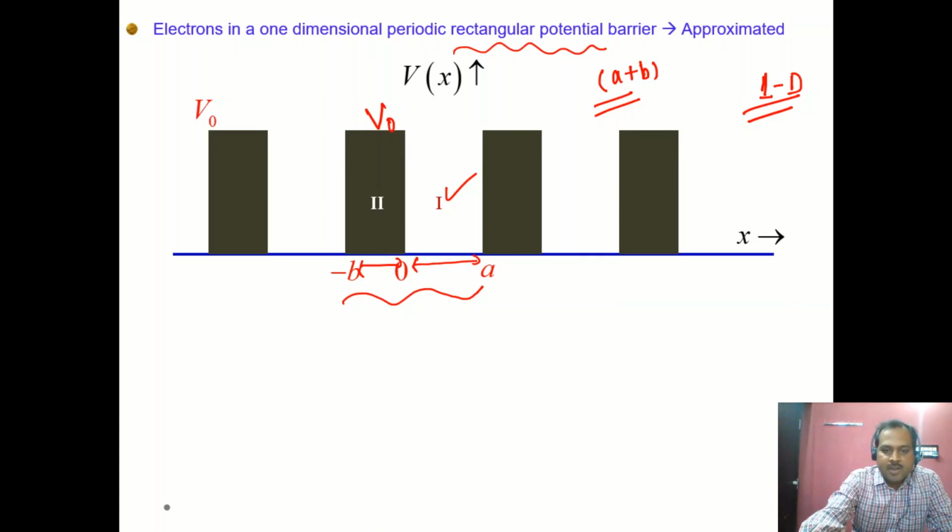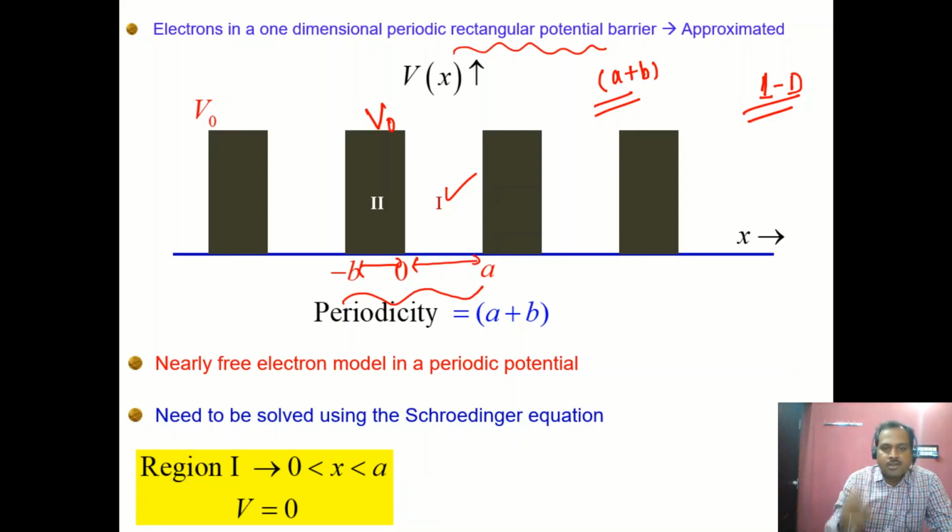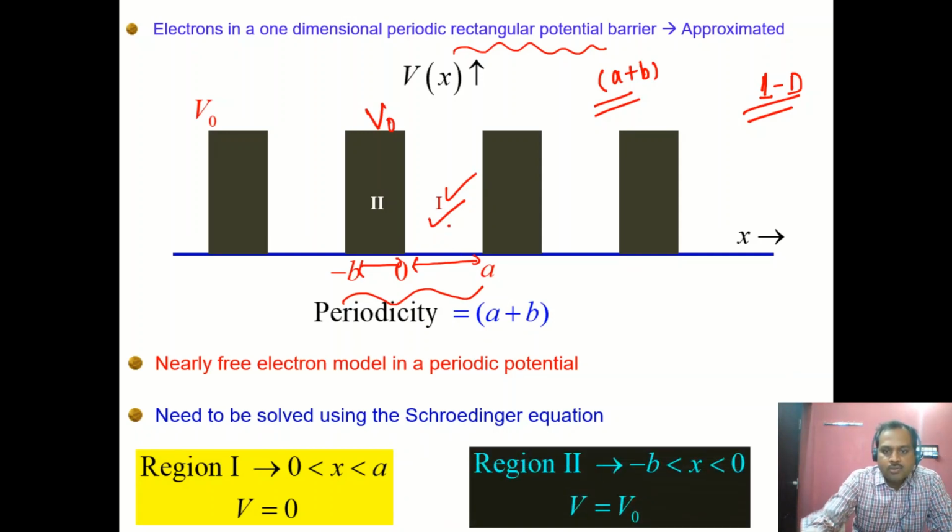So now let us define the potential in these two regions. That is, in the region 0 less than x less than a, we do not have any potential, whereas in region 2, that is, in between minus b less than x less than 0, the potential is V naught.